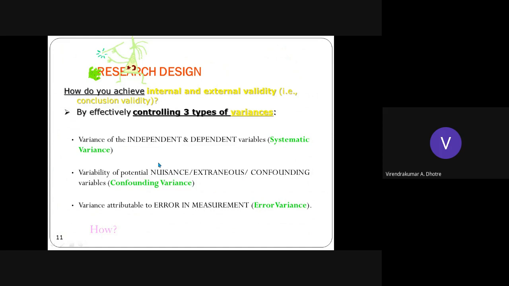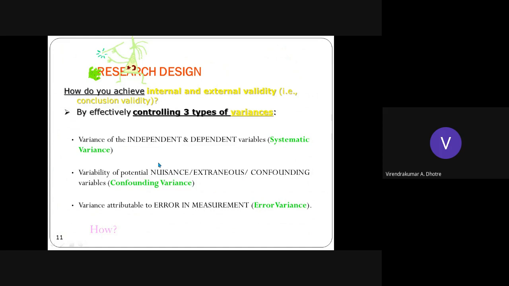Now there are variables of potential extraneous confounding, and sometimes they vary in nature. So there is variability of potential noises. Sometimes there is error, noise. Sometimes there are extraneous or outside variables. Sometimes confounding variables are there.